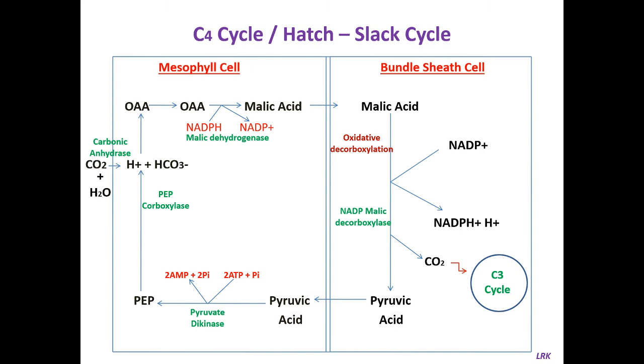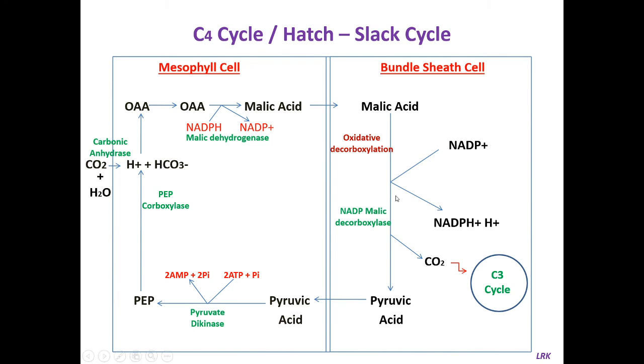Enzymes of the Hatch-Slack cycle occur in mesophyll cells, while those of the Calvin cycle are present in bundle sheath cells. The chloroplast dimorphism cannot be taken as a rule, since in Bermuda grass, well-developed grana are seen in chloroplasts of the bundle sheath cells. So this is how the C3 cycle and C4 cycle, the fixation of carbon dioxide into glucose, takes place.